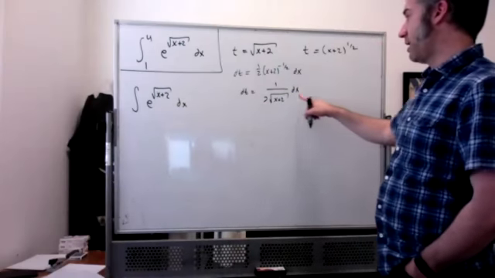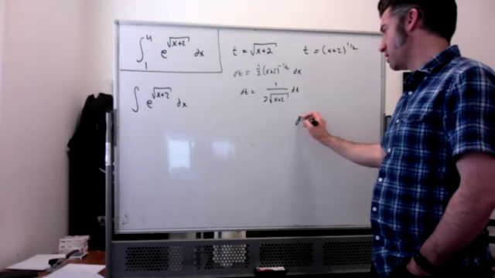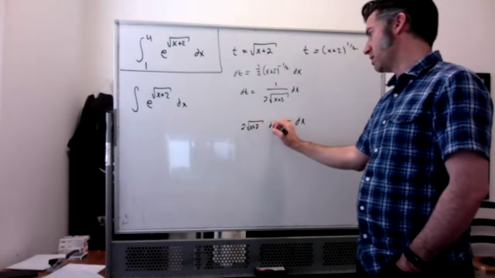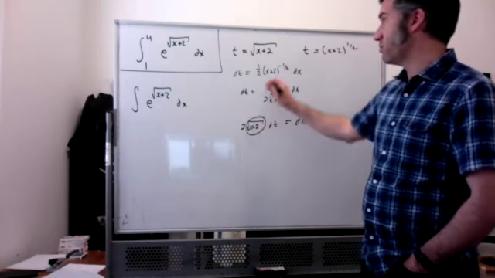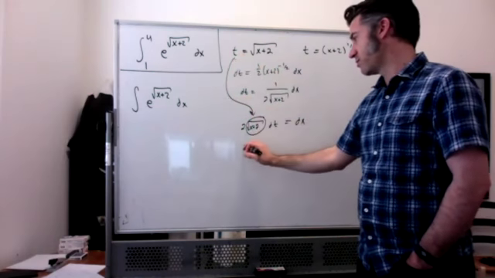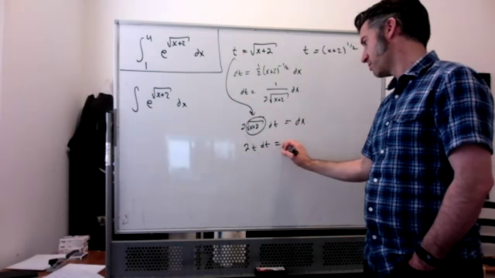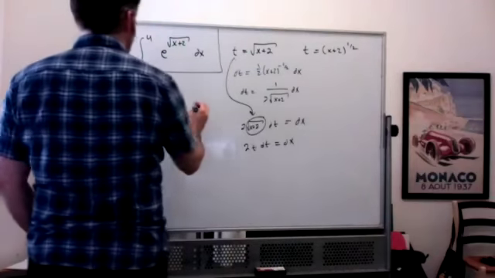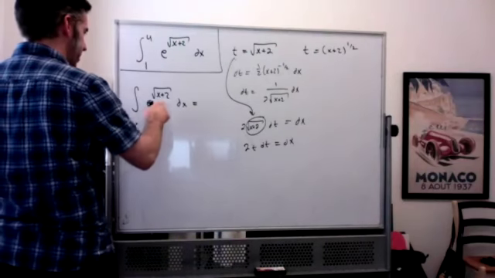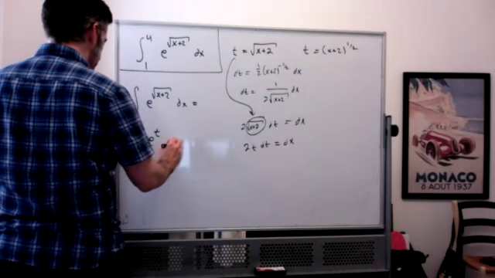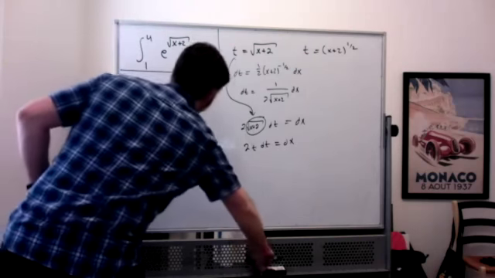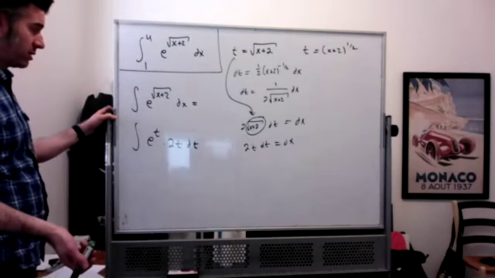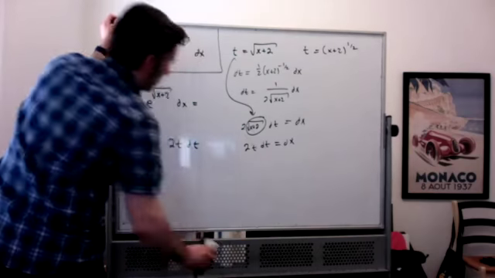The issue here is that I can actually solve this for dx and say, okay, dx is equal to 2 times the square root of x plus 2 dt, but the square root of x plus 2 is your t. So dx is equal to 2t dt. So this integral is equal to the integral of e to the t times 2t dt. All right, and now we're going to do integration by parts. So here's the thing, and let me go to the other side to happen.